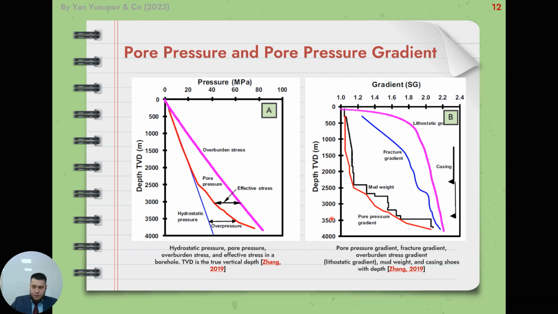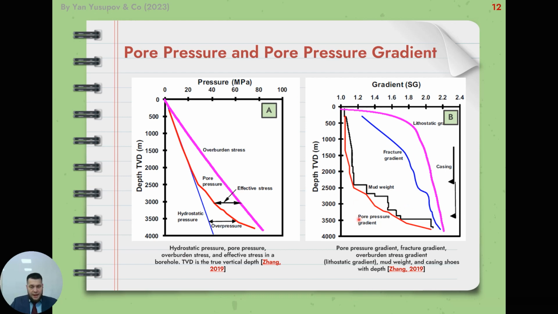Pore pressure gradient is a more practical value. It is used in drilling engineering because it is more convenient for determining mud weight density. This is shown in this figure.